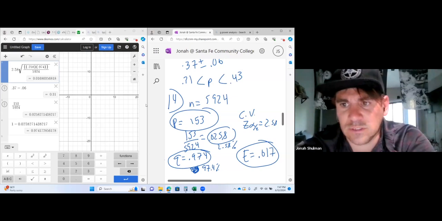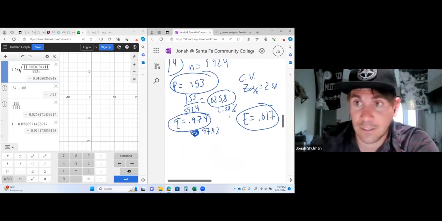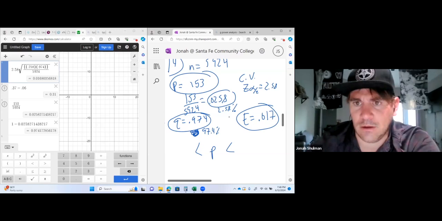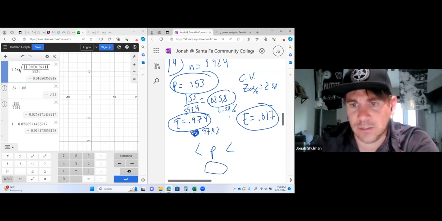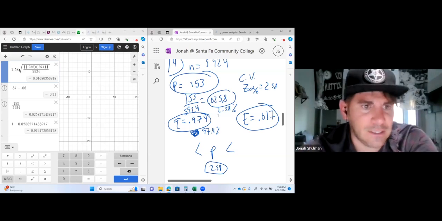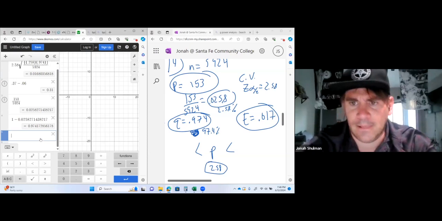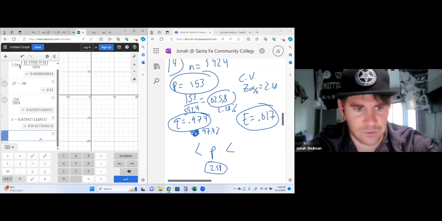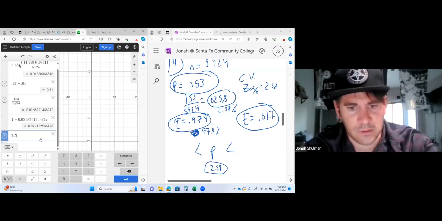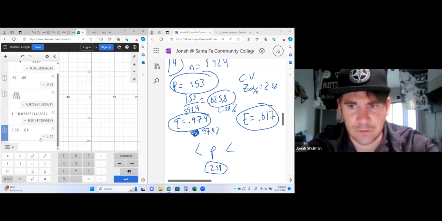So this makes our confidence interval what? We're 99% confident that the adverse effects are going to be between how many people? Our P, just in case you want to know, is 2.58%. So all I have to do is take 2.58 minus 0.017.